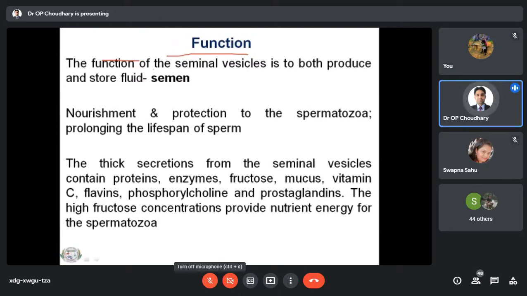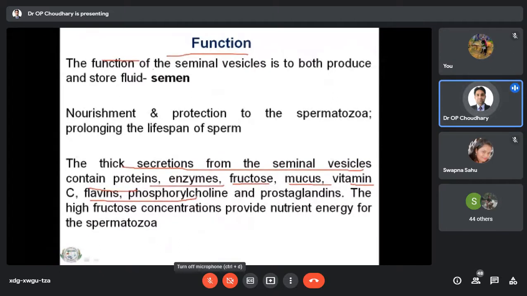The thick secretion from the seminal vesicle contains some proteins, enzymes, fructose, mucus, vitamin C, flavins, phosphorylcholine, and some prostaglandins. The high fructose concentration provides nutrition and energy for the spermatozoa.